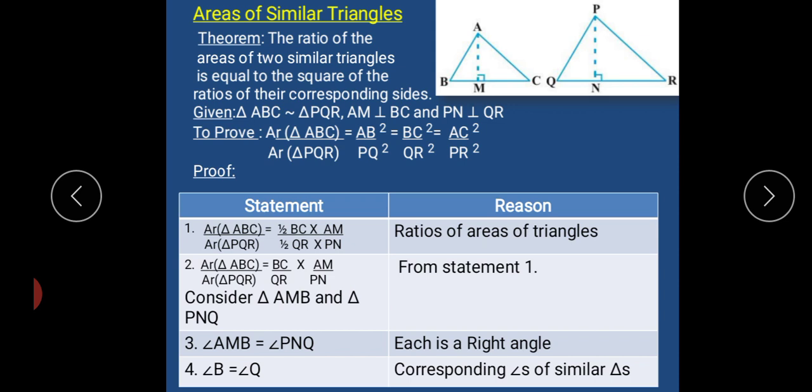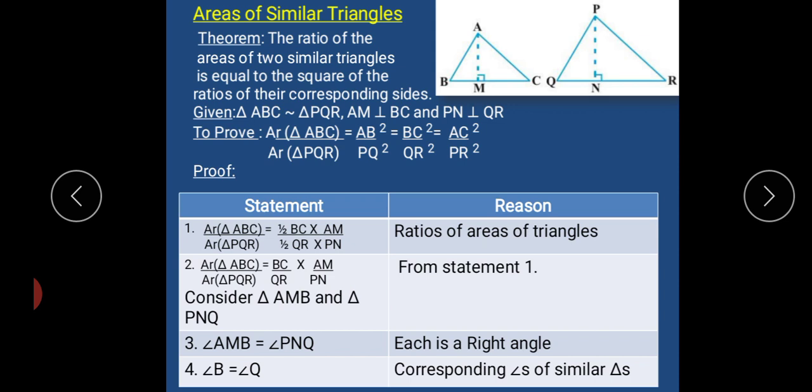So from statement 1, the half gets cancelled, and you get area triangle ABC upon area triangle PQR is equal to BC upon QR into AM upon PN. I have separated the two ratios.